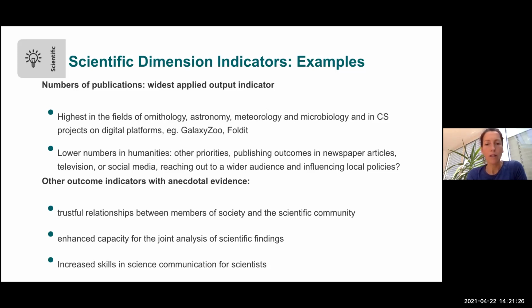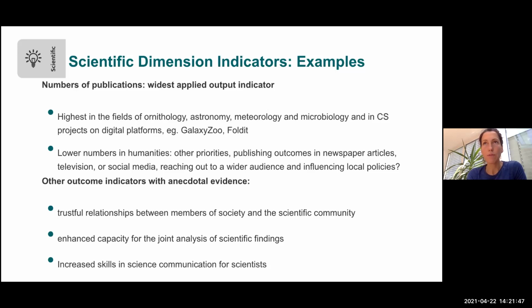Other outcome indicators that relate to the scientific dimension that we find are, for instance, do the relationships between society and the scientific community change, becoming more trustful? So is there more trust between these communities as they work together?